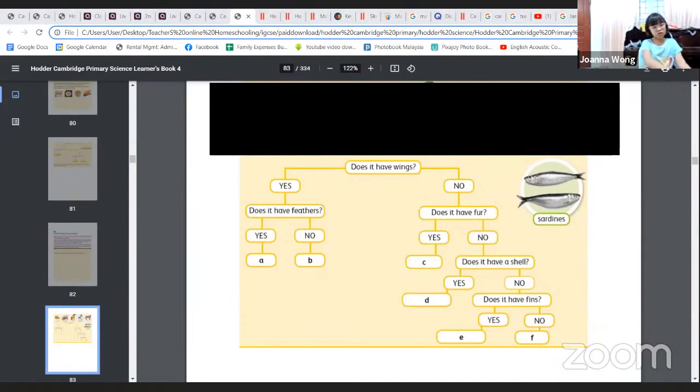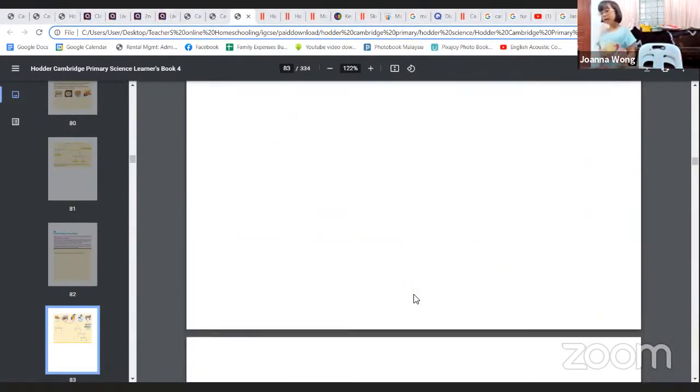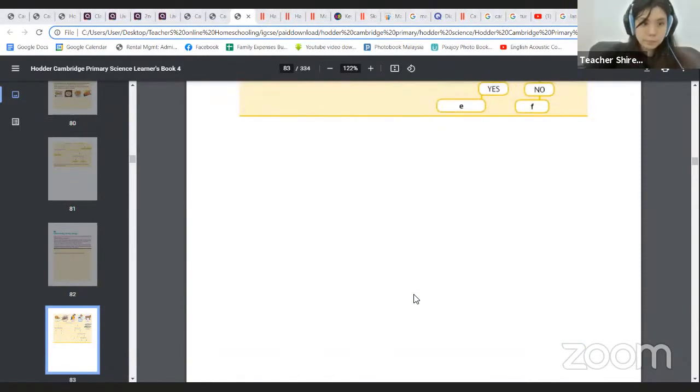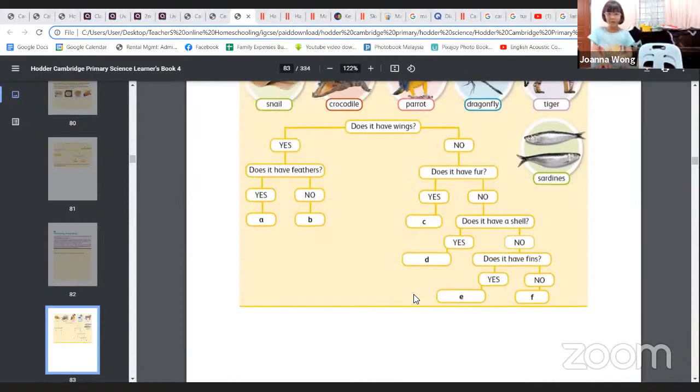Is it copy the mind mapping in our exercise book? That's right. Okay. Can I copy on a piece of white paper?